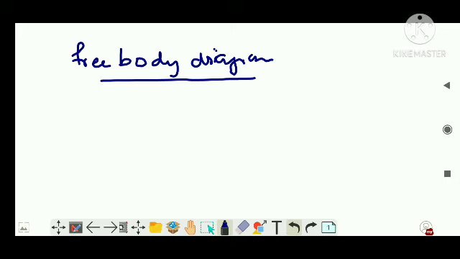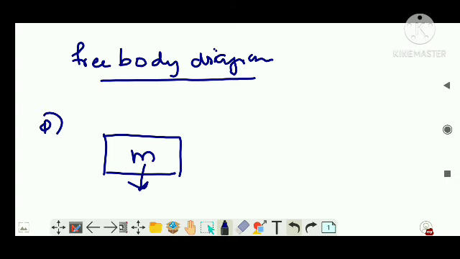I am repeating again. Suppose this is our mass. What forces can act? There will be weight, which is mg, downward, and if this is on a surface or ground, the ground will give an equal and opposite reaction.